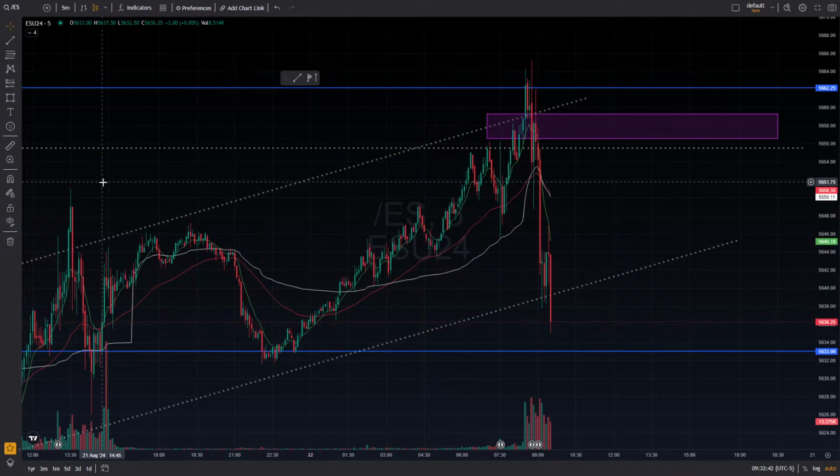Fair enough. If we use this line, the next fib is 858. What's the stop? Below the overnight low, 66. So risk was tight on this for sure.